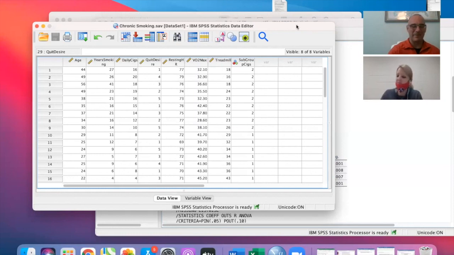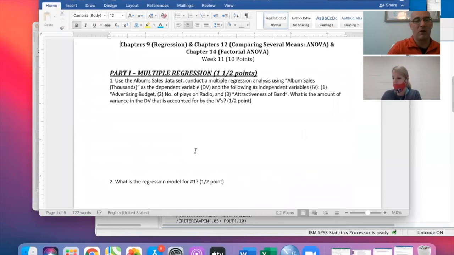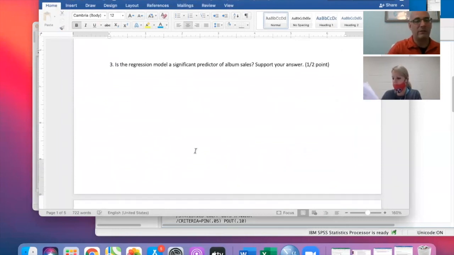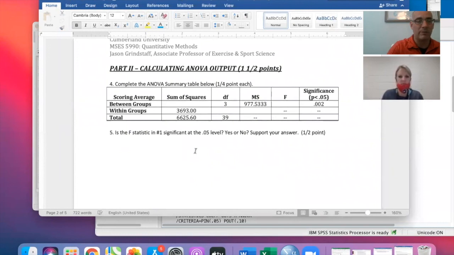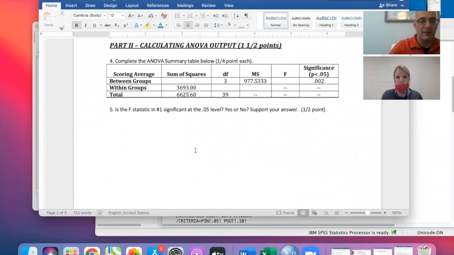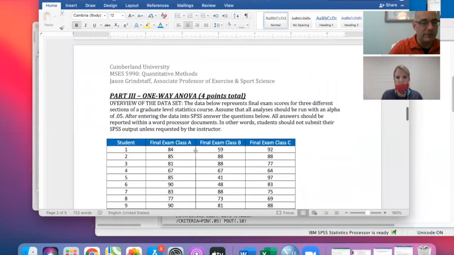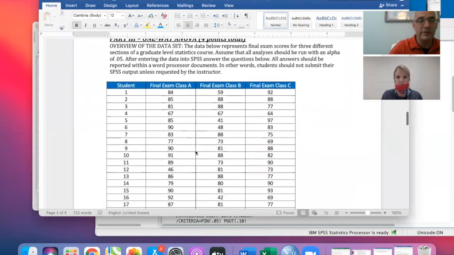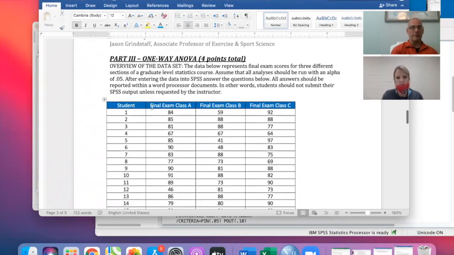Sure. So that should help you with at least the first part of the assignment. Tomorrow night in the tutoring session, maybe we'll talk a little bit more about analysis of variance. More one-way ANOVAs. We did something here with final exam scores in a kinesiology class, but we only had two class sections, Class A and Class B. Well, now what if we have a third class section?